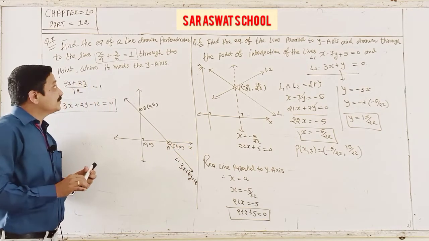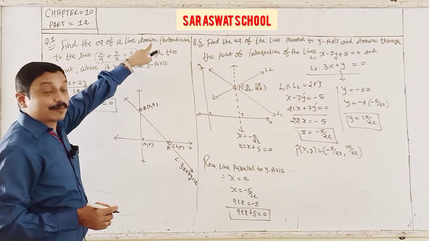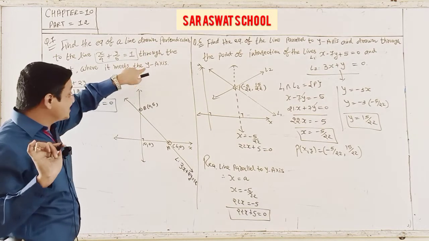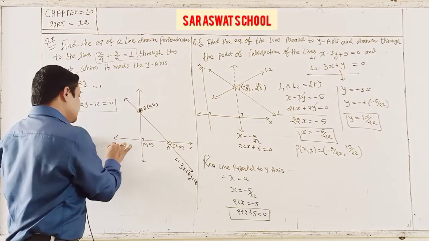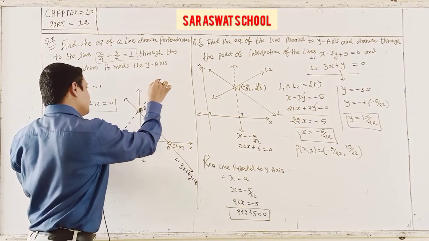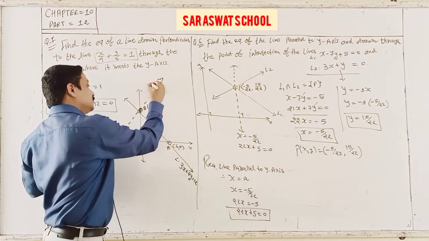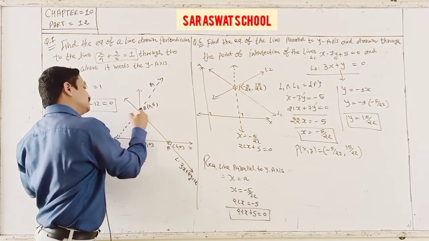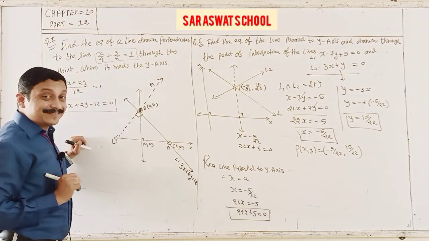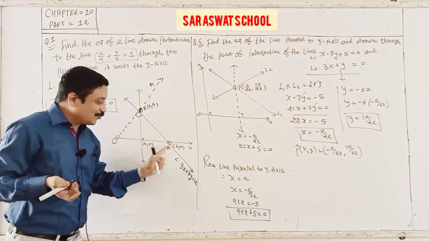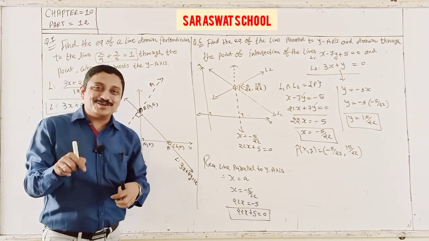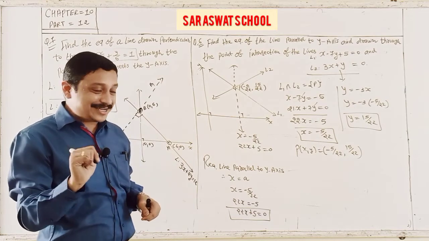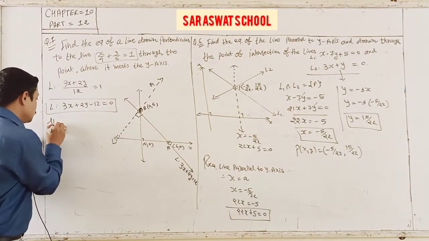Now read the question. The line is perpendicular but meets at the y-axis. This is your y-axis, meeting here. B is your B point. So your answer is this. Line M is perpendicular to that. Perpendicular is given. Very easy. First define the slope of L. After that I derive the slope of M and passing through B using the slope-point form. So continue.